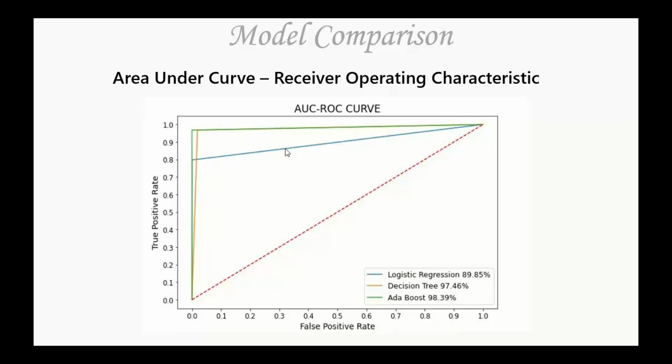As we can see, the AdaBoost model is performing the best with 98.39%, followed by the decision tree at 97.46%, and then logistic regression at 89.85%. So we can conclude that AdaBoost is the most accurate model among these three.